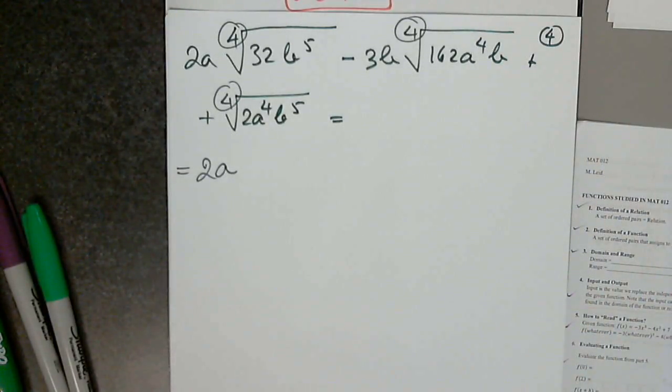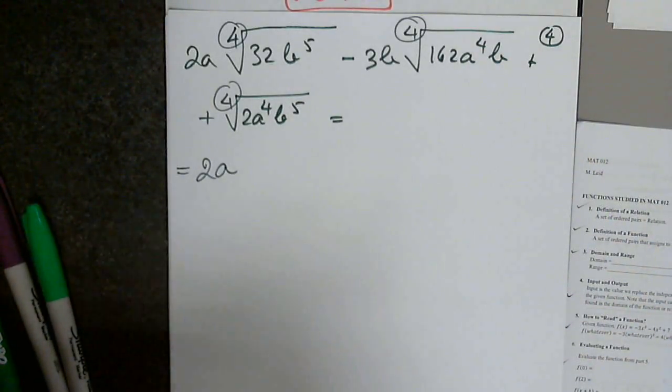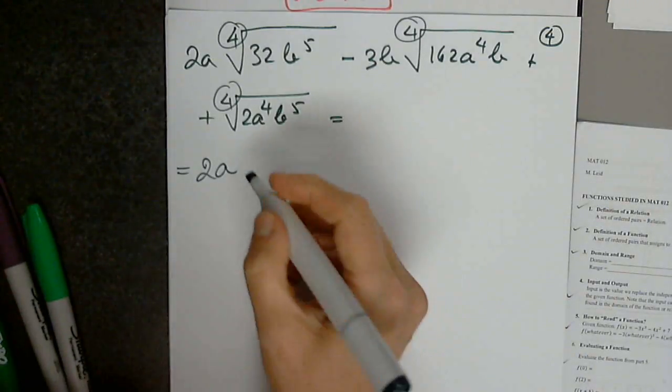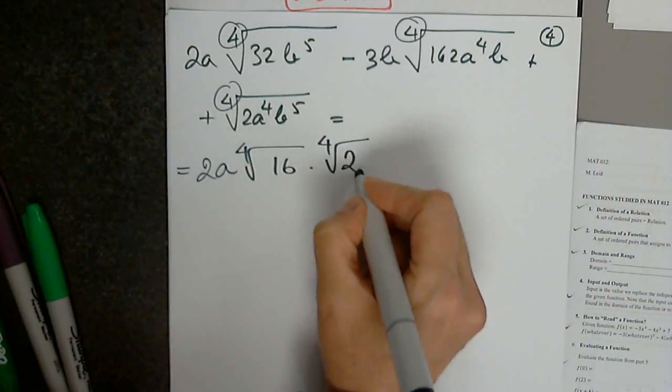Is there a perfect 4th? 32, a perfect 4th times something that will give us 32. 8 is a perfect cube. You need one more. 16, indeed, I agree. So I have the 4th root of 16 times the 4th root of 2.